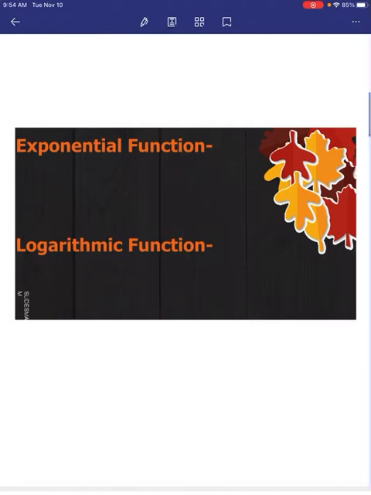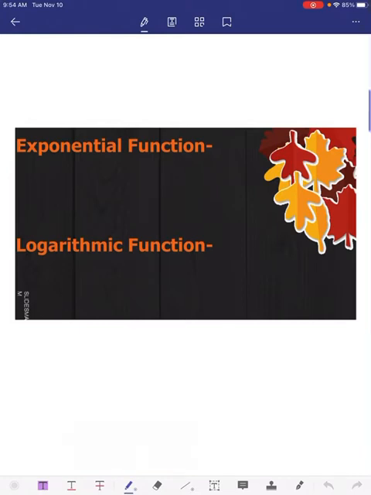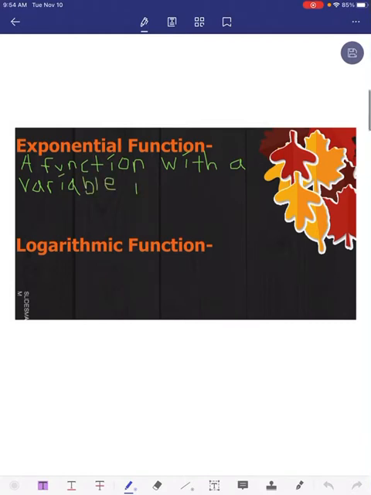But let's recall that an exponential function is a function with a variable in the exponent.